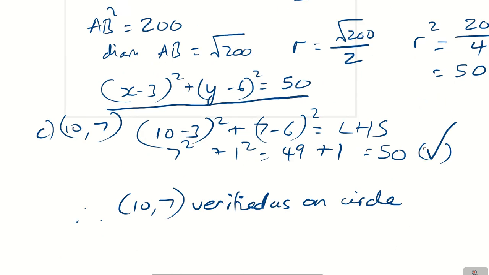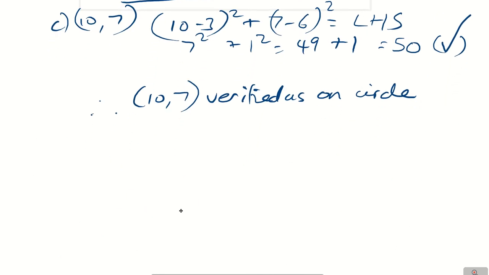Right, now you work out the tangent, the equation of a tangent, by realizing that the gradient of the radius times the gradient of the tangent has got to come to minus 1 at the point where the tangent meets the radius.